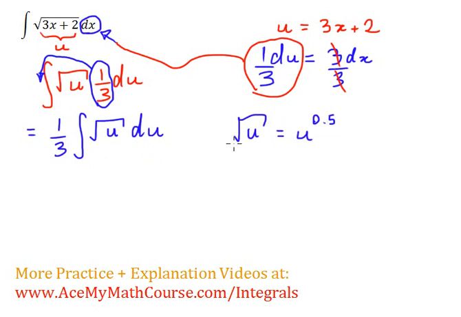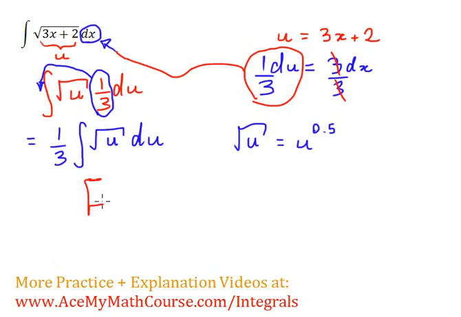Great. Now, to take the integral, what can we do? We can add 1 to the exponent and divide what we have by whatever we got for the exponent. So that's going to be simple. We're just going to have u to the power of 1.5, because we just added 1 to the 0.5, and we divide it by 1.5.